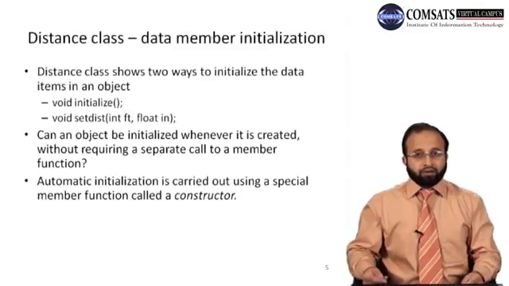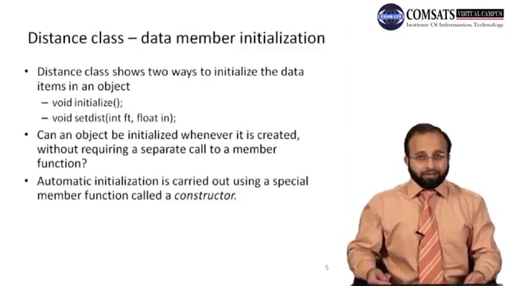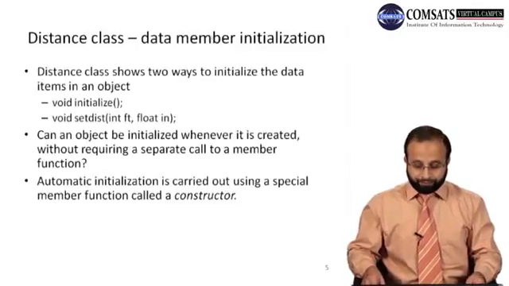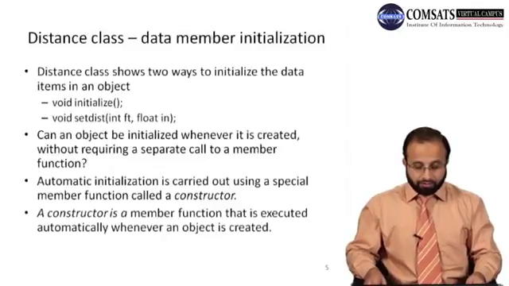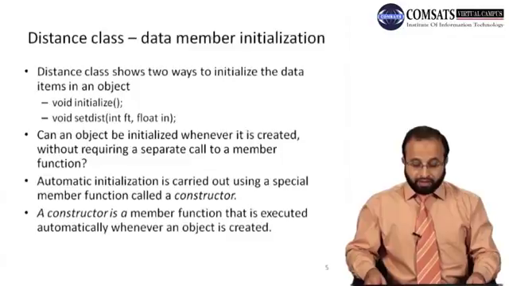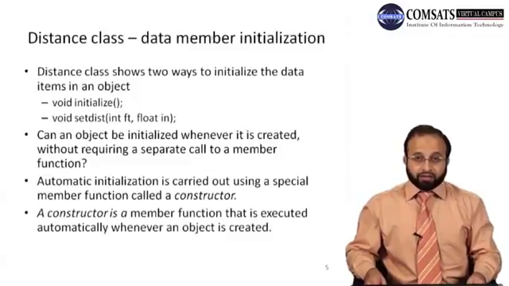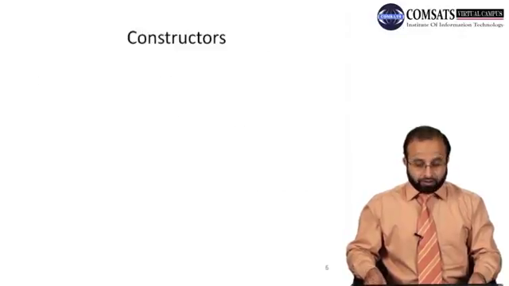So if you create 100 objects, for every object that constructor will be called implicitly, that is automatically. A constructor is a member function that is executed automatically whenever an object is created. So whether you create one object or 10 or 100, for every object created, the constructor will be called automatically by the compiler, right? Constructor.